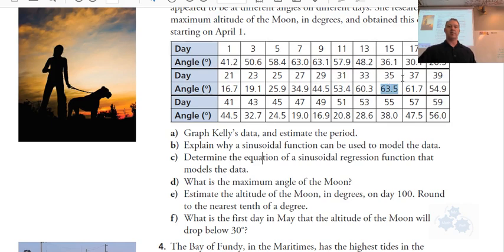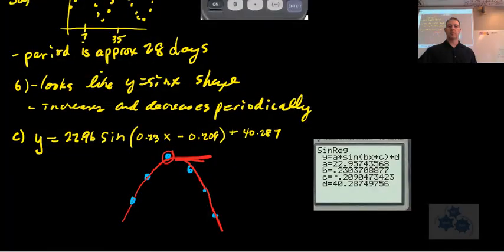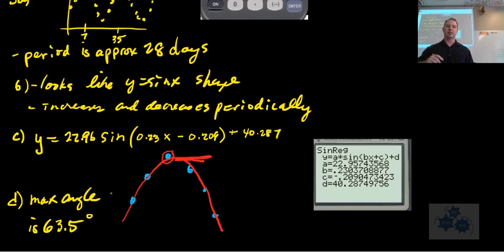This would be the maximum angle that we can determine via the regression function or the table. Okay, so you would be okay to do that. So D, maximum angle is 63.5 degrees. Okay? Any questions?